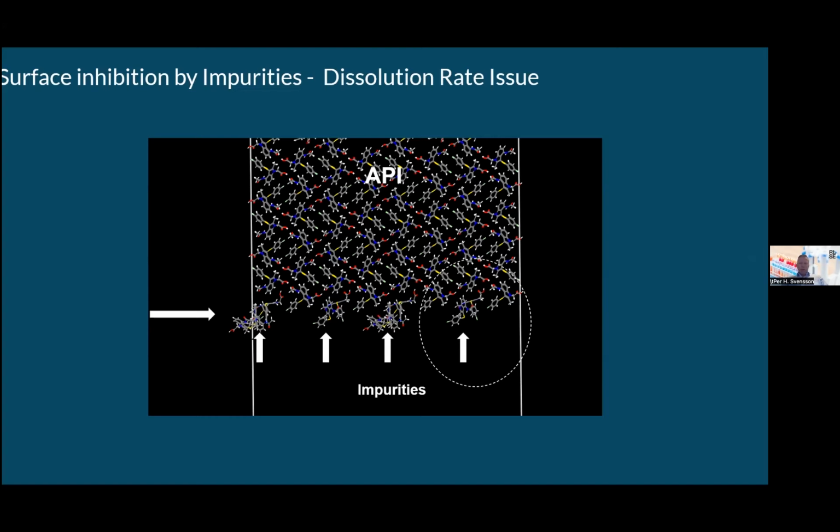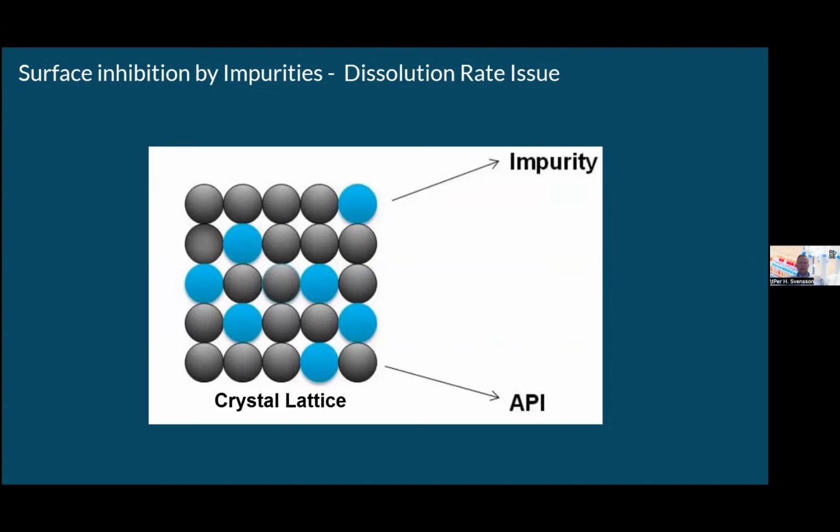We also made further studies of this case, and we could see that the impurity formed a solid solution, meaning that the impurity incorporates into the crystal lattice. This is, of course, a very extreme situation and can create a very complicated situation.